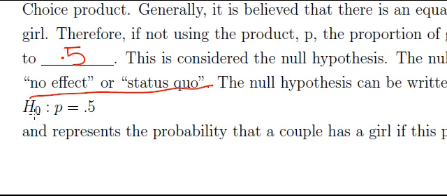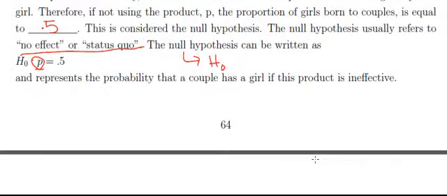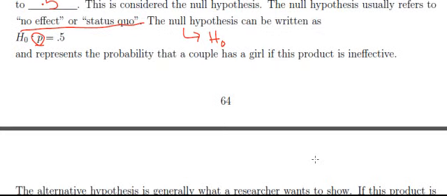And we denote the null hypothesis by H subscript 0. H subscript 0 is always the null. And then we always have a parameter in there. The parameter that we're going to talk about mostly today is the proportion, but we'll be doing the same thing for the mean as well. And so in this case, it represents the probability that a couple has a girl.